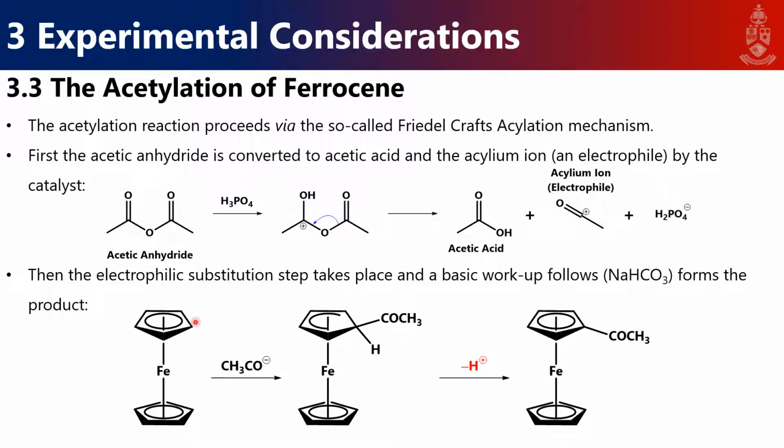Then we will have a base workup where you remove a proton. So in your ferrocene, you will then have your reaction as follows, and finally you'll have your acetylated product.